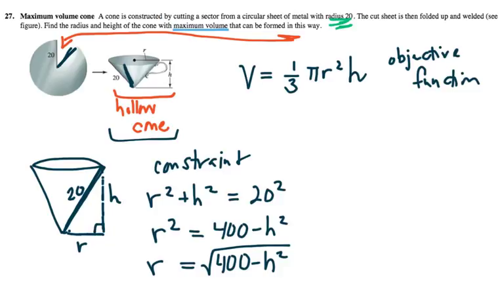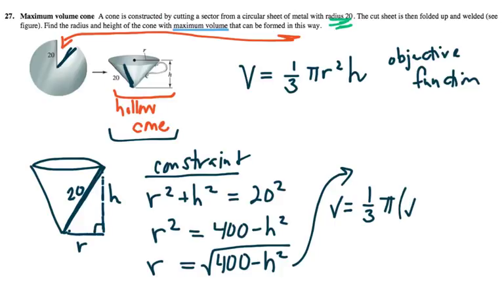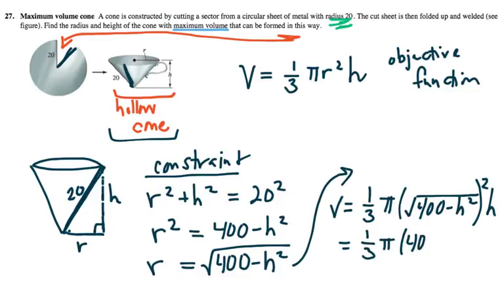I'm going to plug that into my objective function. So plugging that in, I have V equals 1/3 pi times r squared, but I'm letting r equal root 400 minus h squared. So that's r squared times h. And if I square out that square root, I get 1/3 pi times (400 minus h squared) times h.